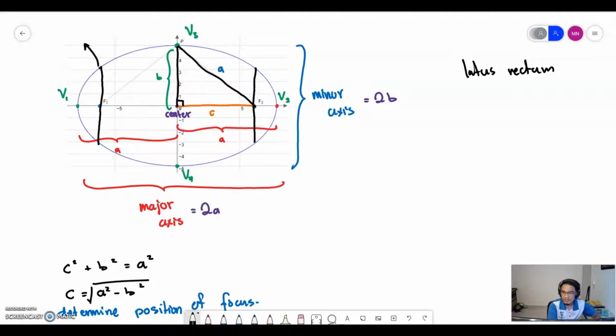These are the latus rectum, also on this side. The formula to calculate the latus rectum is equal to 2b squared over a.